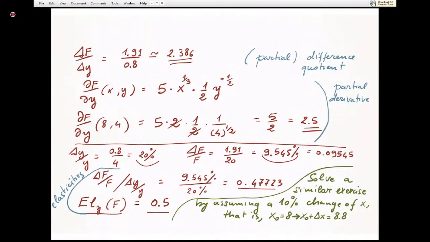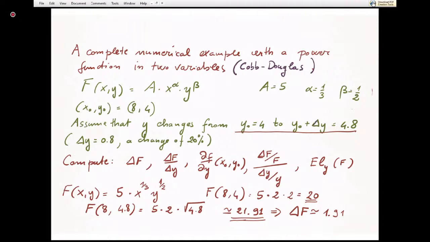Also, another thing that is important when using approximation is that, you don't need to write this down, in some empirical situation you may have a function and a current level of the independent variables, and you know what happens for small changes around these levels. But you have only a local knowledge of the function.